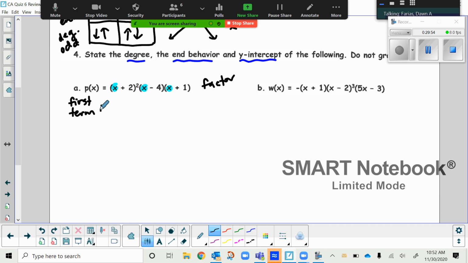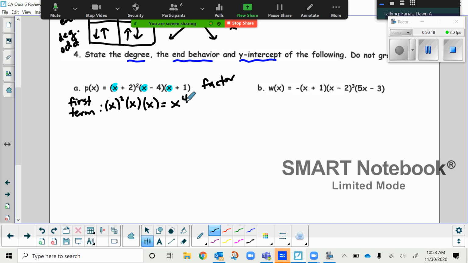In the first factor, though, notice it has a squared on the outside. So to figure out that first term, it actually occurs twice. And then we'll multiply it by the first term in the second factor and the first term in the third factor.